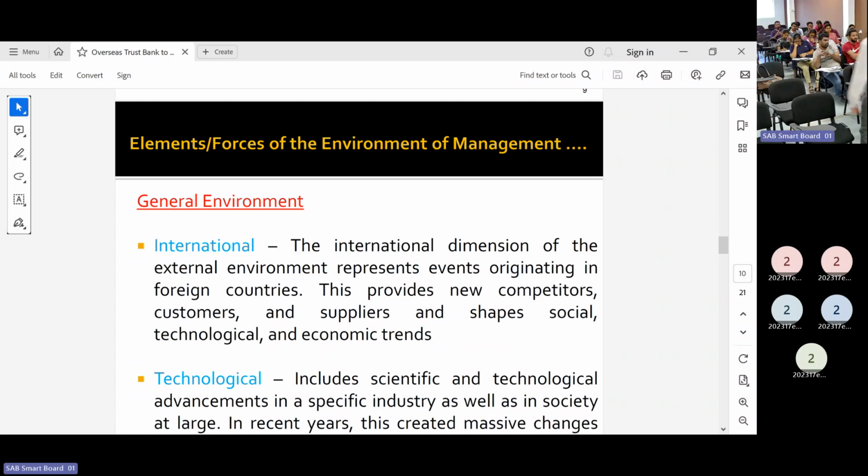The increased globalization is shaping other trends also, no? Technological trends, economic trends, socio-cultural, and political, legal. All are changeable due to the impact of this.